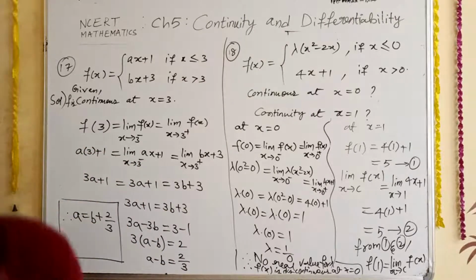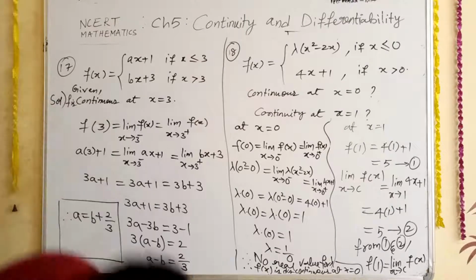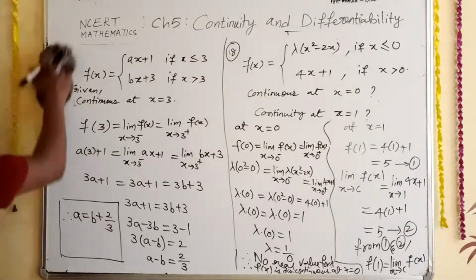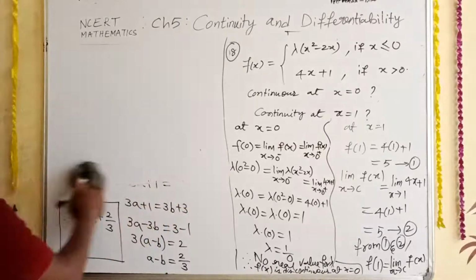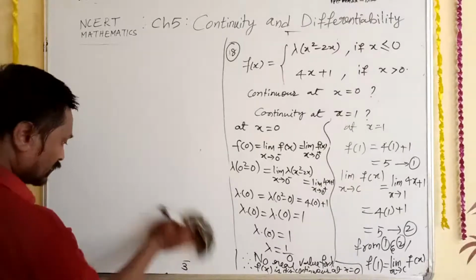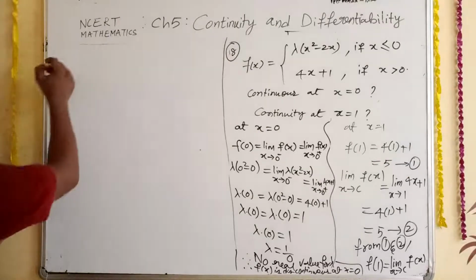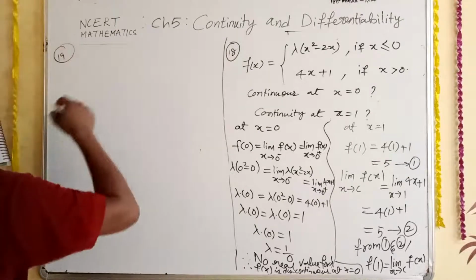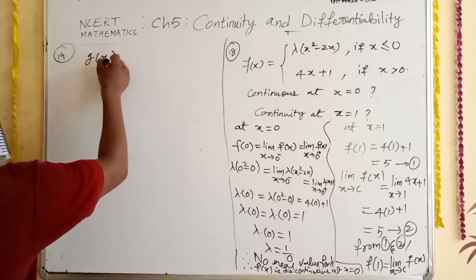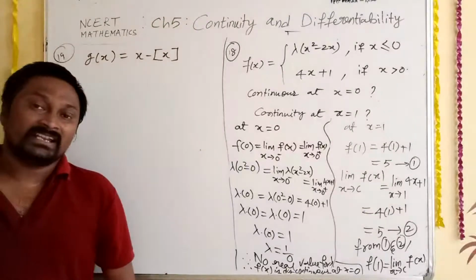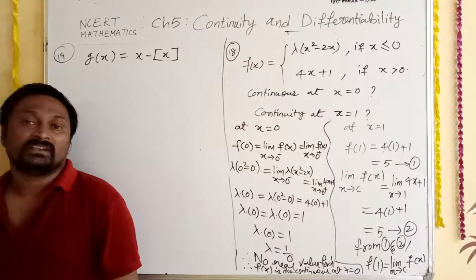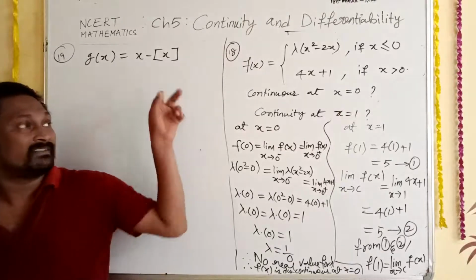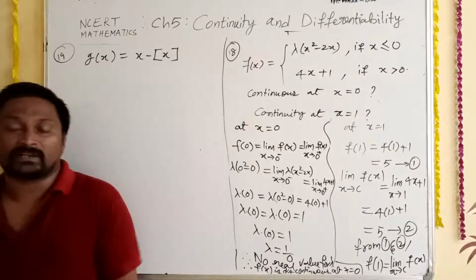Show that the function defined by g of x is equal to box x, the greater integer function, is discontinuous at all integers. Box x means maybe the greater integer function or lesser integer function, so always it is the greater integer function.